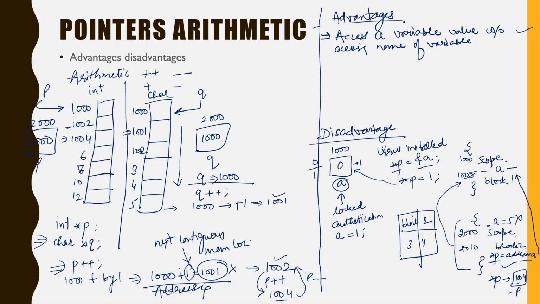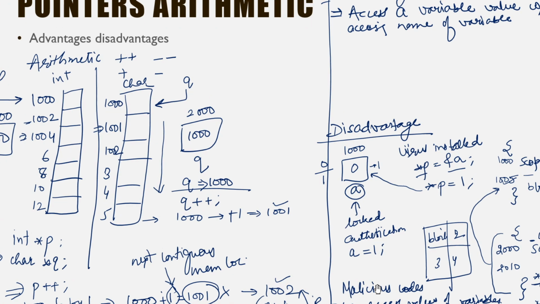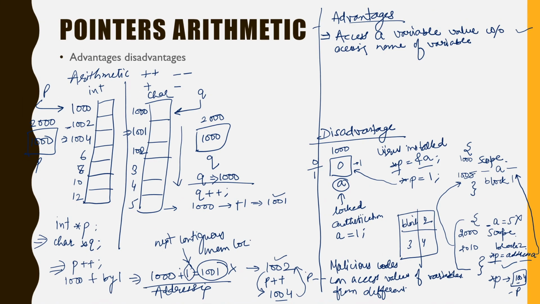Malicious programs can access values of important variables, malicious code can access values of variables from different scopes and blocks. So this is the disadvantage of pointers.